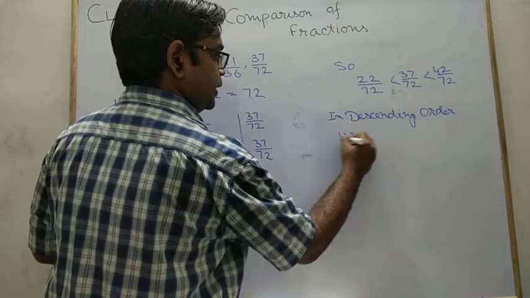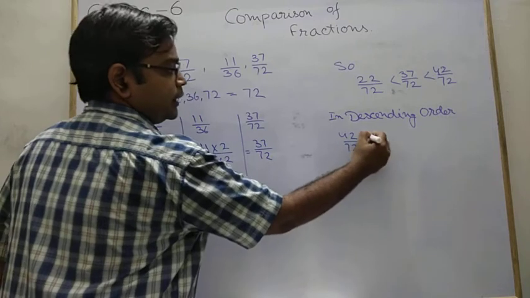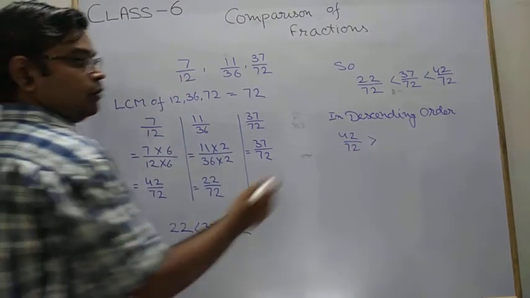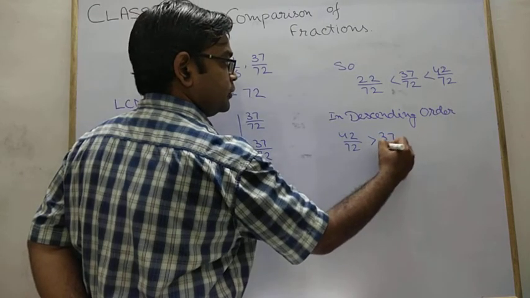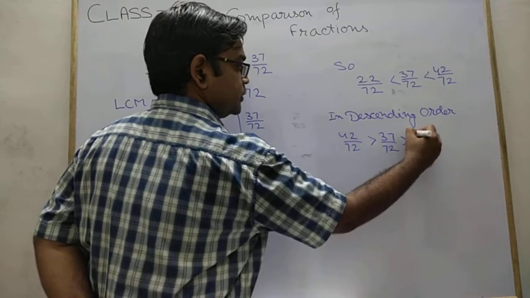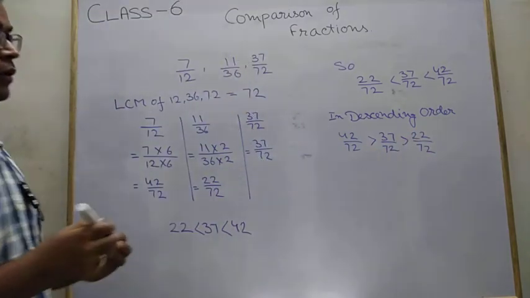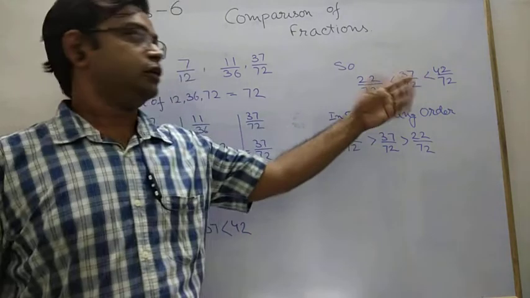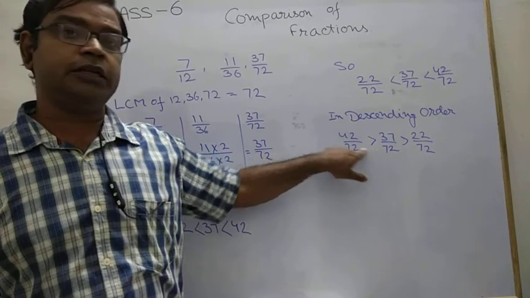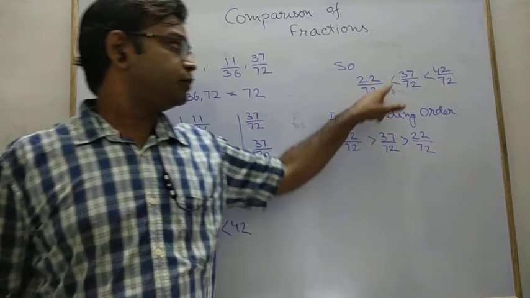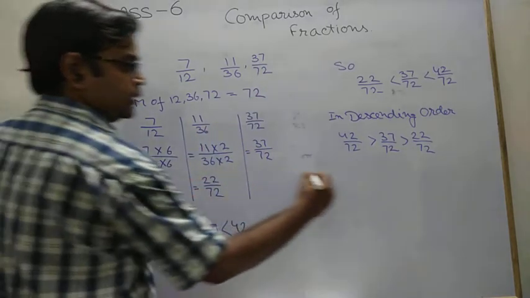We can easily arrange them, but change the sign. 42 upon 72 is greater than 37 upon 72, and this one is greater than this one. I think this part is clear. We simply reverse this. 42 upon 72 is the greatest, so that comes first, then smaller than this, and then smaller than this one.